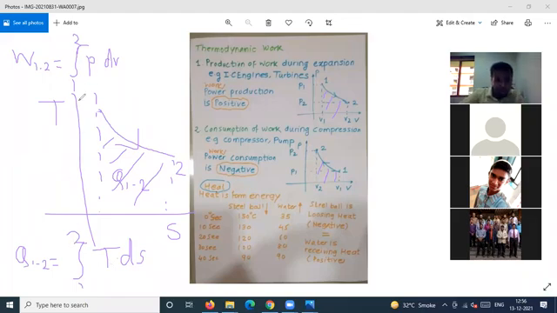You can compare the two formulas. When you plot it on a PV, it will give you work done. When you plot it on a TS, it will give you heat transfer.